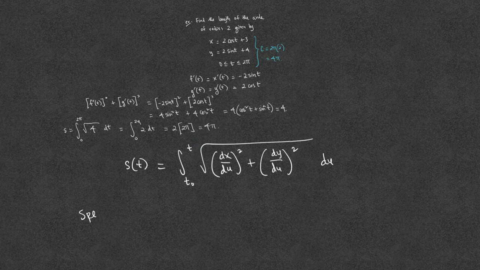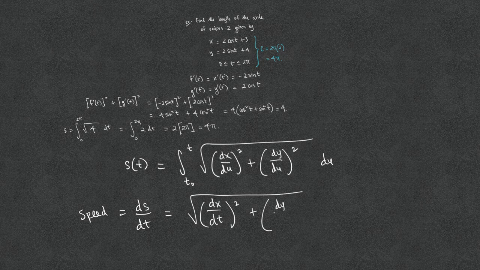The speed is the derivative of this arc length with respect to t. Using the fundamental theorem of calculus, we would obtain the square root of dx over dt squared plus dy over dt squared. So this quantity is also the speed of the particle that travels along the parametric curve.